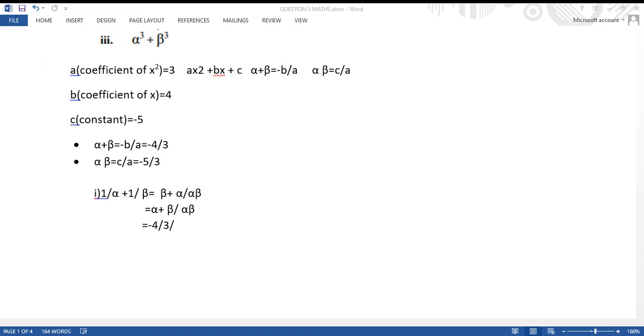So you can work either way, whichever suits you, or you can work backwards like that. Either way, you still find the same answer.